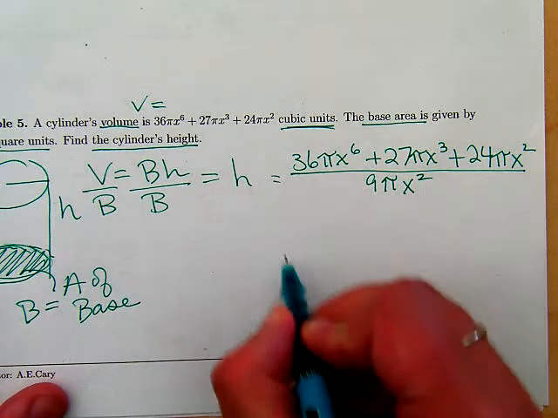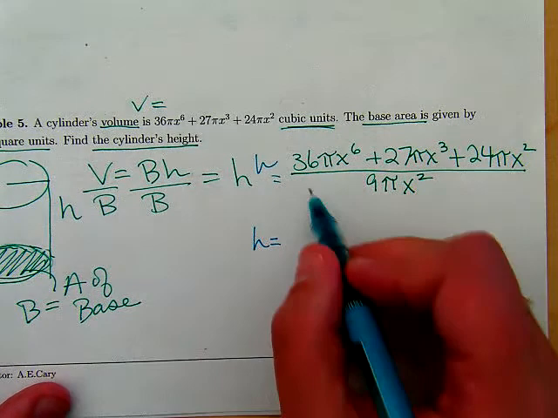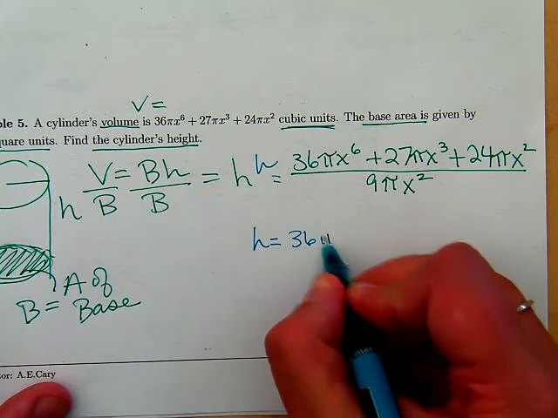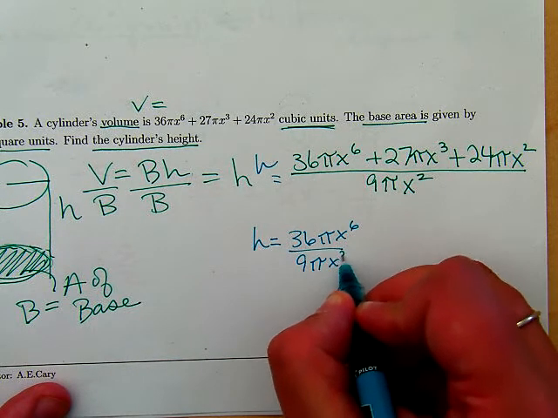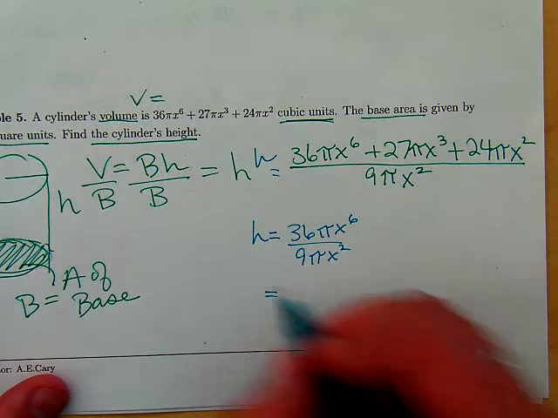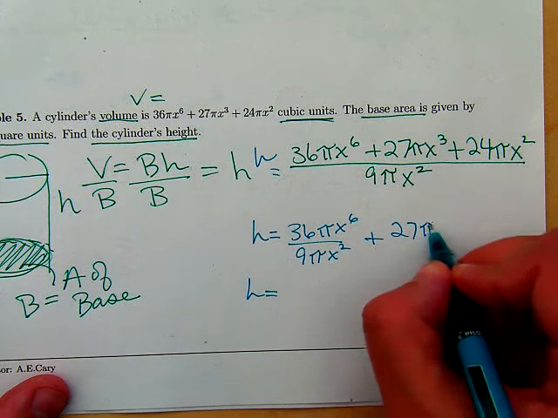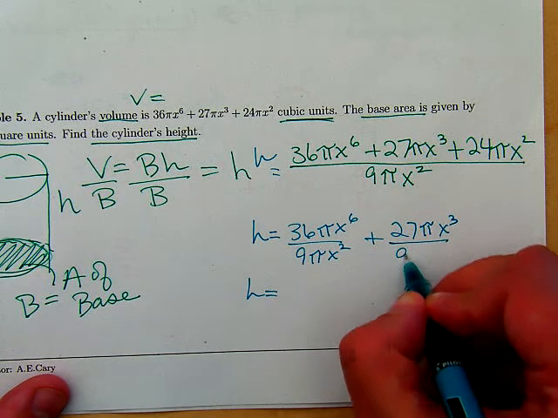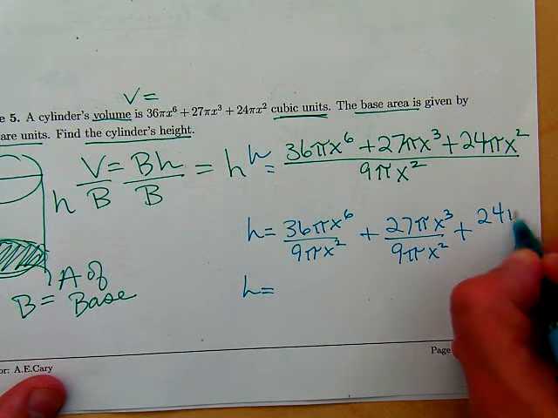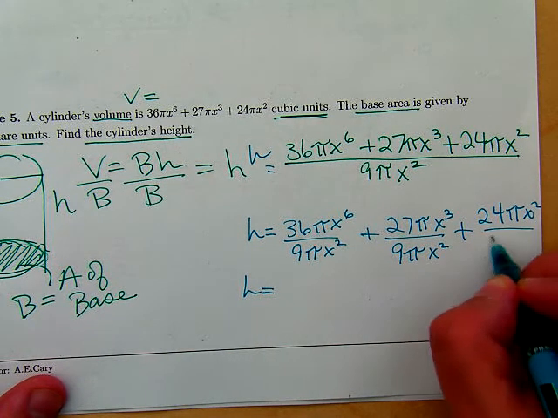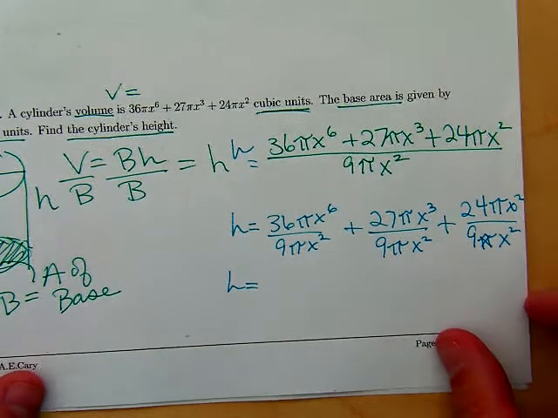So you could rewrite this as the height, which is going to be equal to 36 pi x to the 6 divided by 9 pi x squared, plus 27 pi x to the third divided by 9 pi x squared, plus 24 pi x squared. All I did is write each one with that denominator, 9 pi x squared.